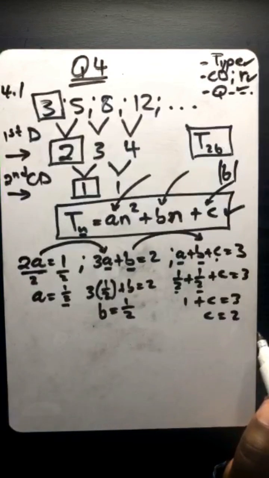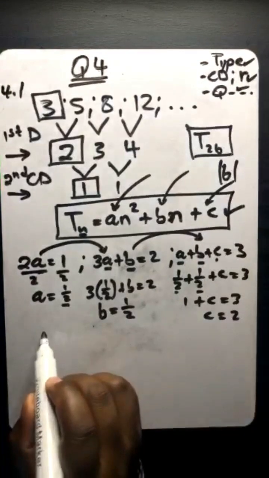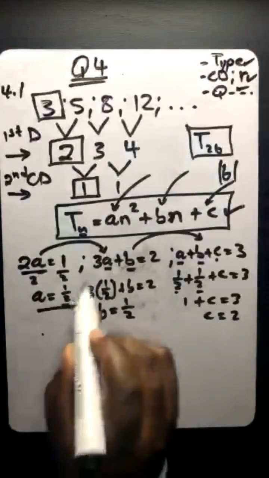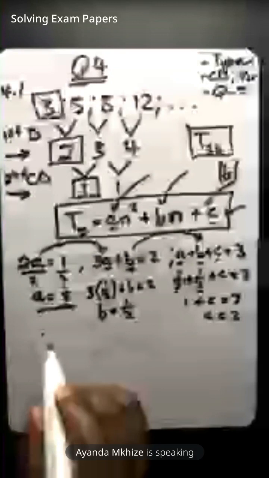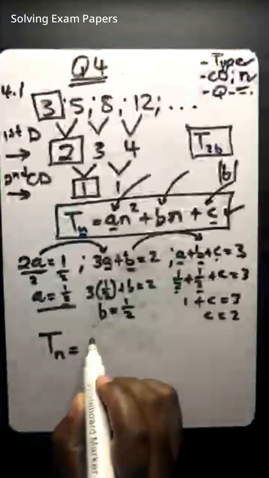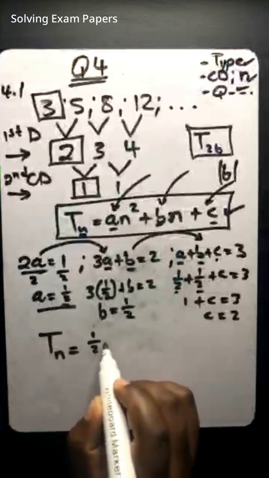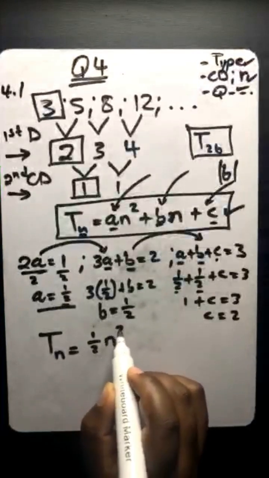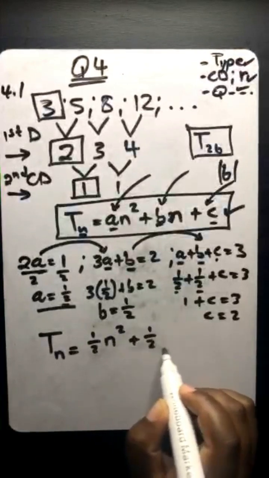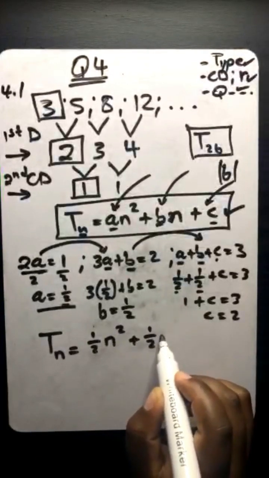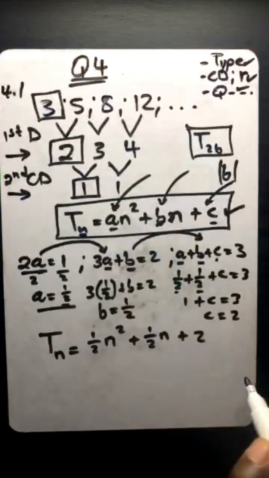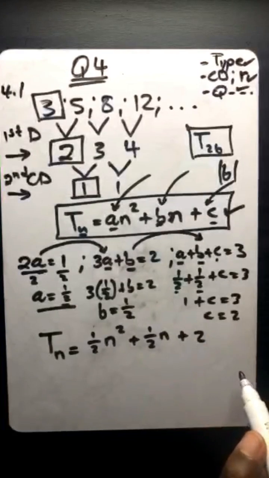Okay, then in that case, we can take the A value, substitute it there, B there, C there, and then calculate term 26. So Tn, which is the general term, equals 1 over 2 n squared plus 1 over 2 n, because you said that is B, and then plus C, you said C is 2.